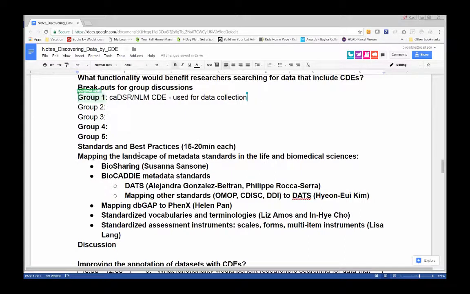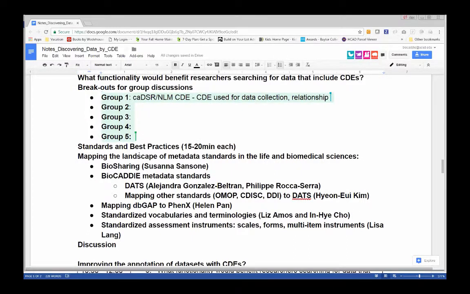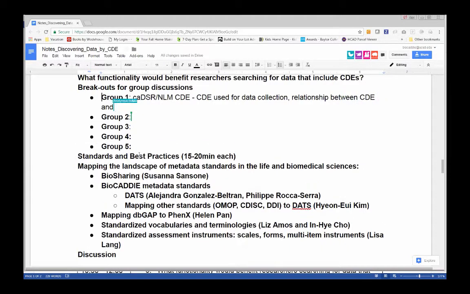And then we discussed the relationship between CDEs and terminologies and how this could be used for search, for example, for data sets in DataMed. So we agreed that CDEs basically provide an abstraction where you have the object, the classes, the properties, and the value domain together with the permissible values, and they capture the questions being asked.